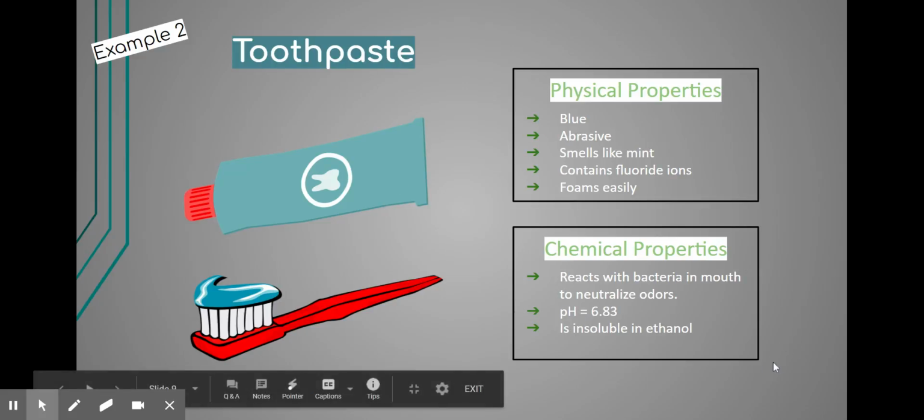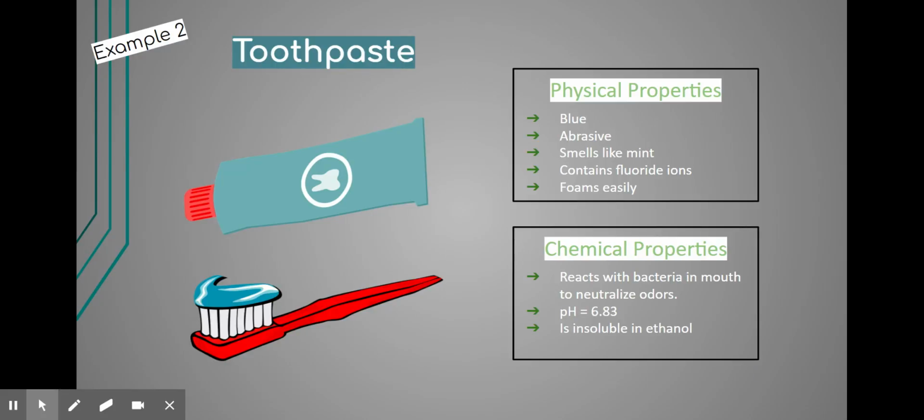Now, chemical properties are things that, once again, we must change the fact that it's toothpaste in order to determine them. So that toothpaste can react with the bacteria in your mouth to make your breath smell fresh. We can find out that its pH is just below 7, which makes it slightly acidic.